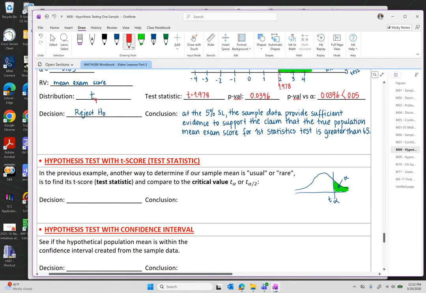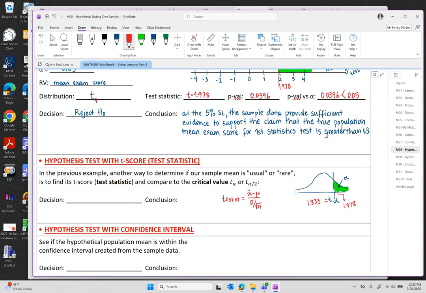So this t that determines the critical region is 1.833, and the test statistic that I found ended up being in the critical region. It was 1.978. Remember, how do we find the t-score? This test statistic is the x bar we have minus the mean of the population, divided by the standard error of the distribution.